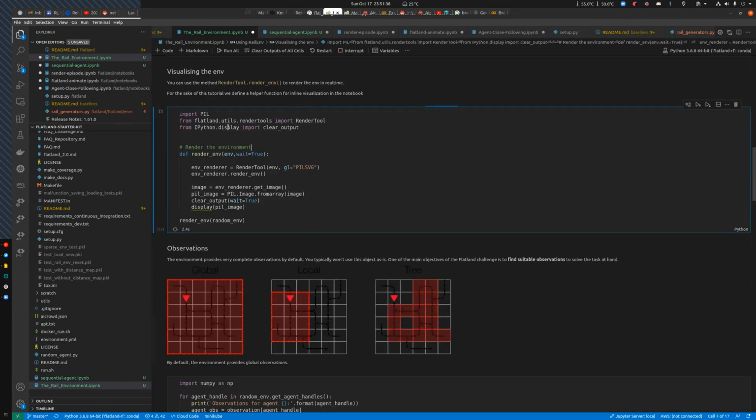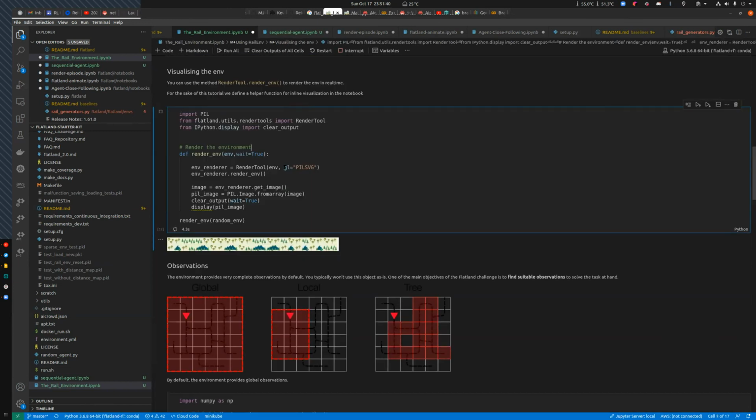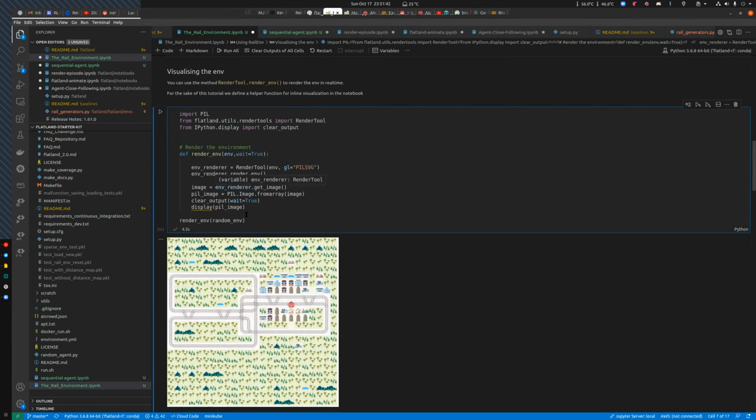As you can see here, the render environment method is a simple tool that gets a PIL image from that array of the render tool that we have.